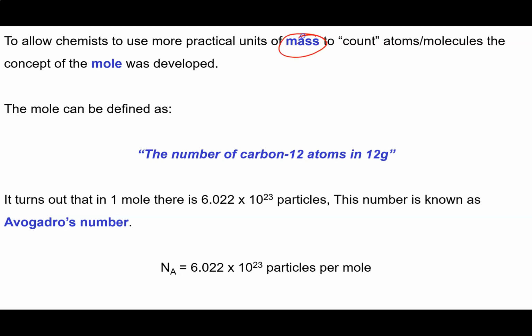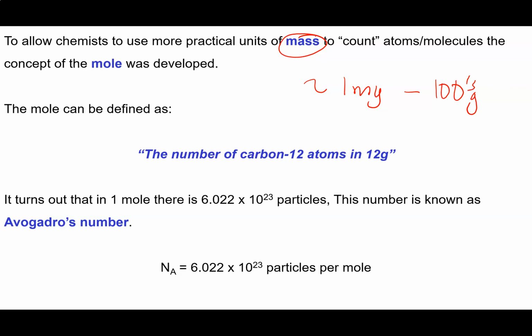So practical units of mass to be working in are things that are from around 1 milligram, 10 to the minus 3 grams, up to perhaps 100 grams. They would be reasonable amounts of things, maybe hundreds of grams up to about a kilogram.